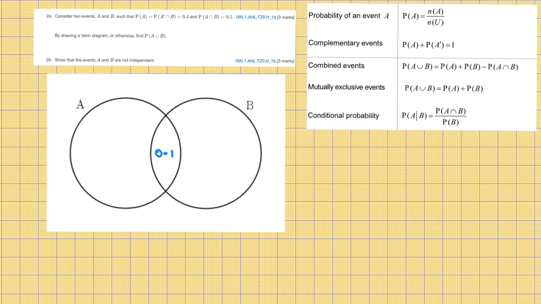We also know that the probability of not A intersection B is equal to 0.4. Well, this is the section here. So that is equal to 0.4.